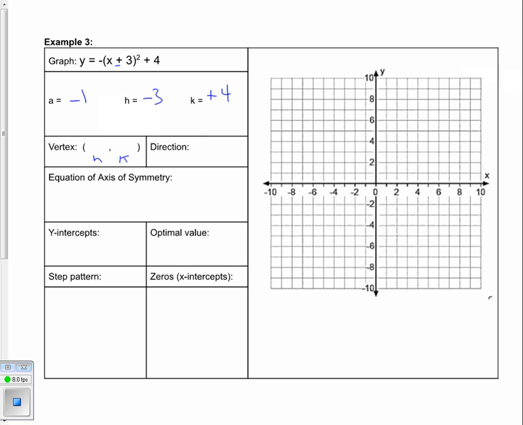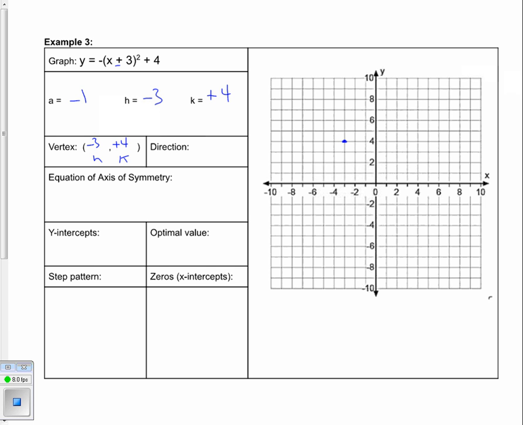So what that means is that the vertex of this particular graph is going to be at (-3, +4). We'll quickly plot where that vertex is.